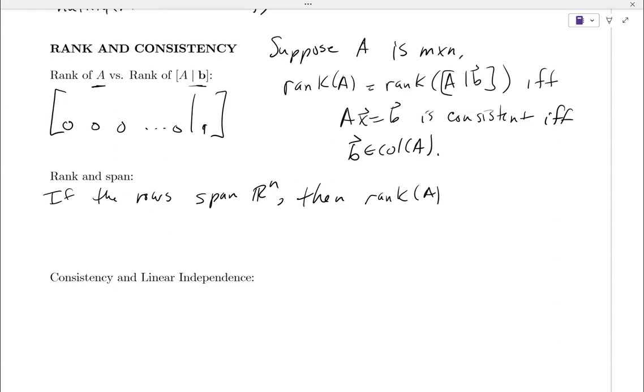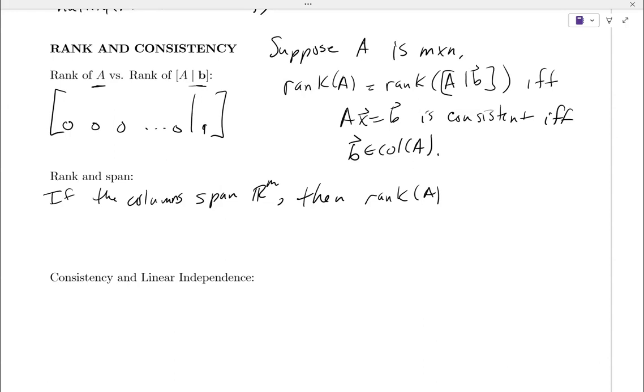I need a pivot in every row if the set of vectors... but remember, I'm writing the wrong thing. I should say the columns. Sorry. Let's go back to this. If the columns span Rm, remember that's how we check for span. We want a pivot in every row, but we take the vectors and make them into columns in the matrix, right?